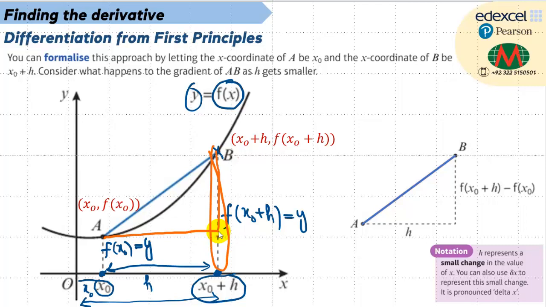If we subtract this much distance from this whole one, we will get the length of this side of the triangle.